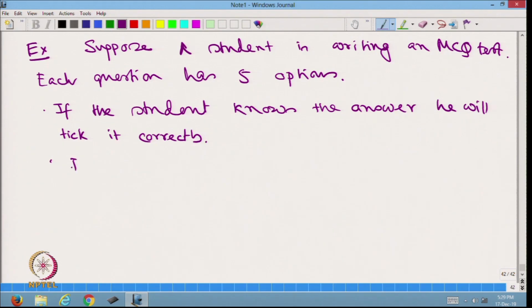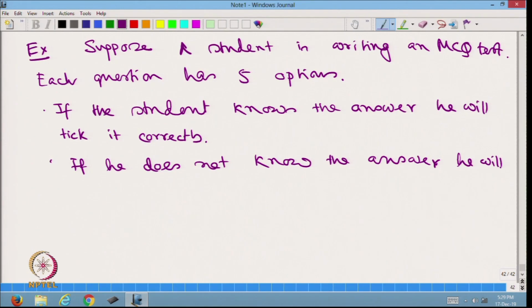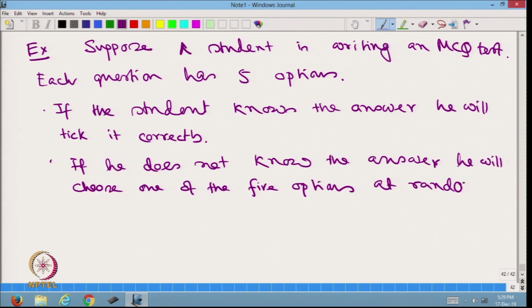If he does not know the answer, he will choose one of the 5 options at random, which we may say he is guessing.